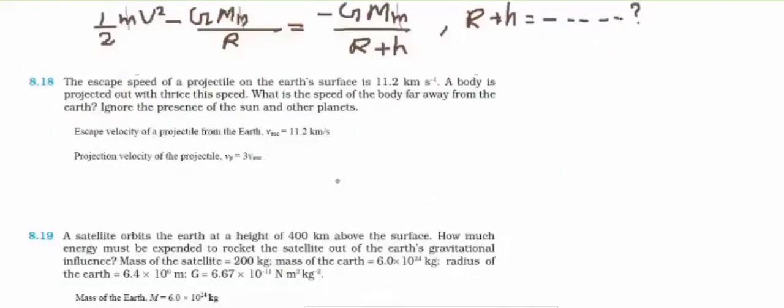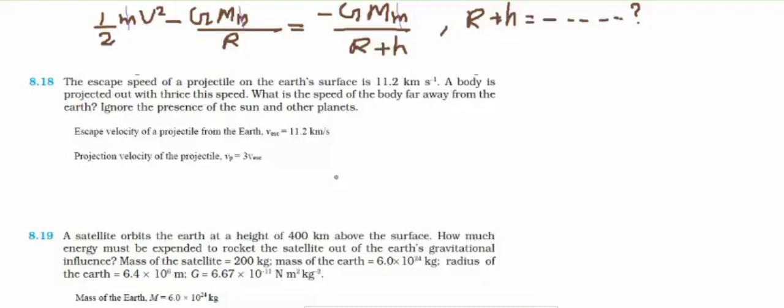Now, next question 18. The escape speed of a projectile on the Earth's surface is 11.2 km per second. A body is projected out with thrice this speed. What is the speed of the body far away from the Earth? Ignore the presence of other objects.